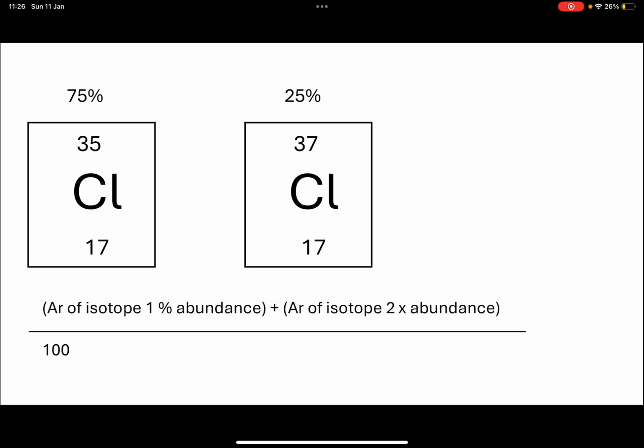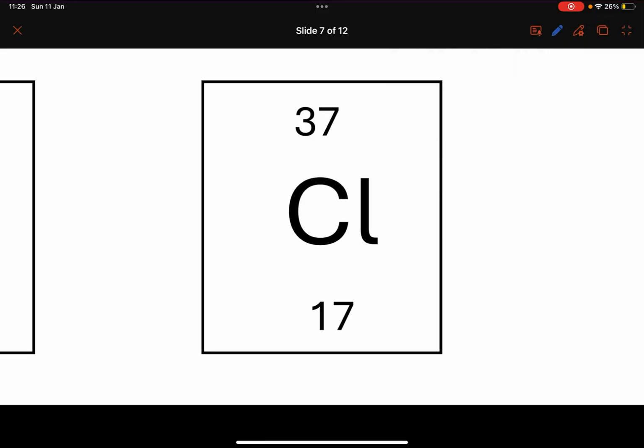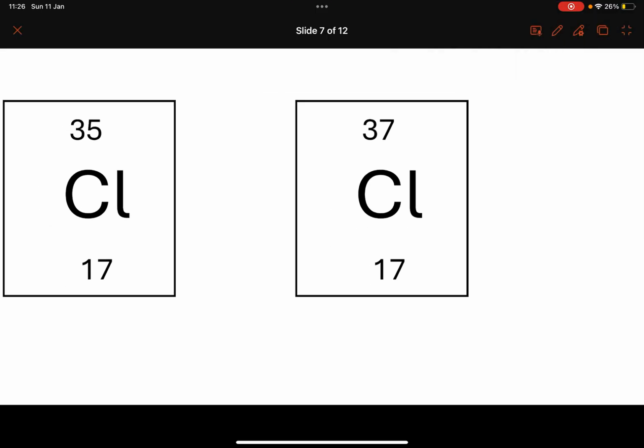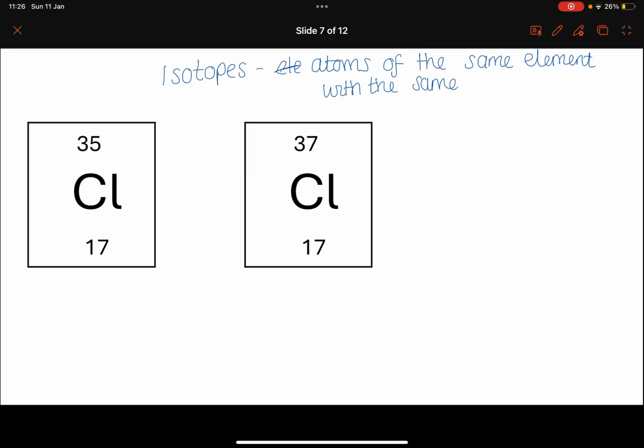So an isotope, and this is a really important definition that I'd like you to remember. So as well as that relative atomic mass, we've got isotopes. So isotopes are atoms of the same element with the same number of protons and electrons, but a different number of neutrons.